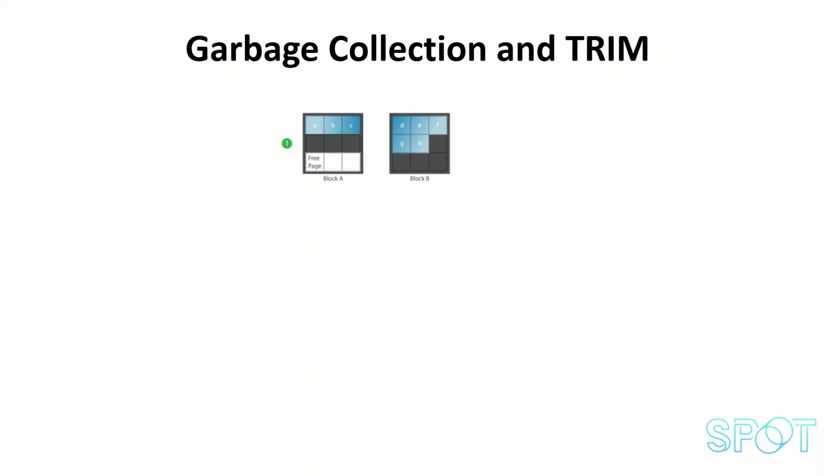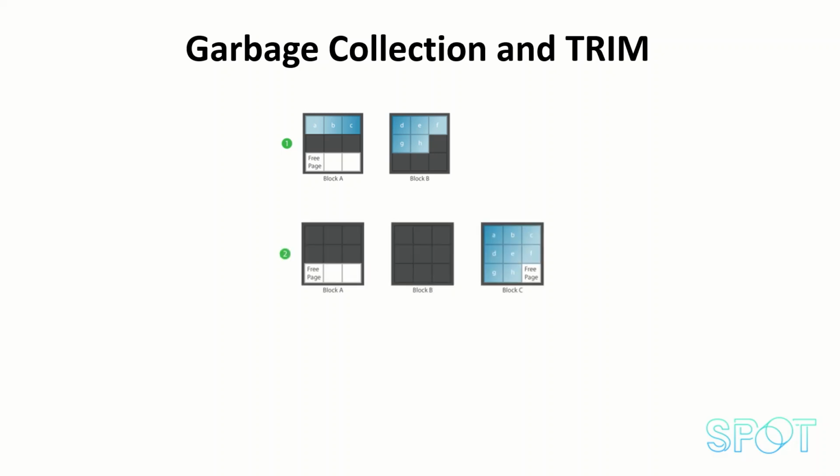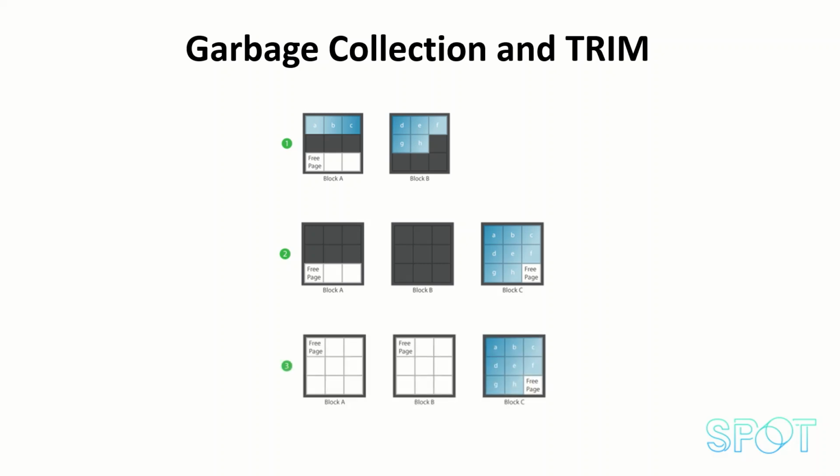The blue areas from A to H contain valid information, and the SSD controller is alerted by the trim command, which recognizes the valid data and transfers this to block C, which is seen in figure 2 here. After this job is done, the system can erase block A and block B, as seen in figure 3, and now new data can be written to the freed up blocks of A and B.